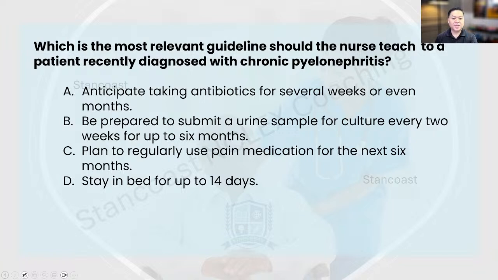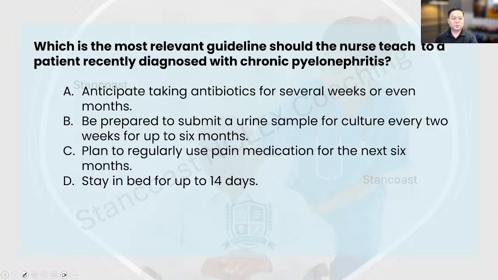Or is it B, be prepared to submit a urine sample for culture every 2 weeks for up to 6 months? Or C, plan to regularly use pain medication for the next 6 months? Or is it D, stay in bed for up to 14 days? That's quite easy to spot. All right, I hope that you have already selected your answer.